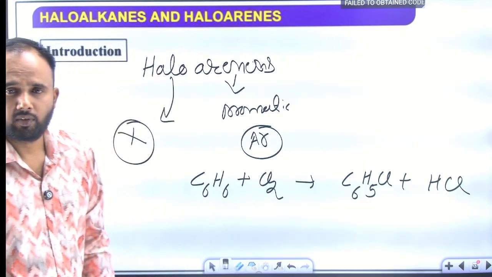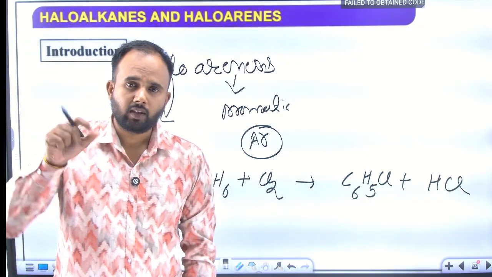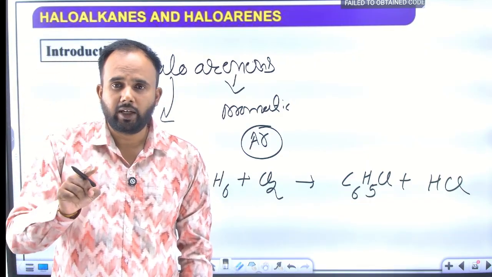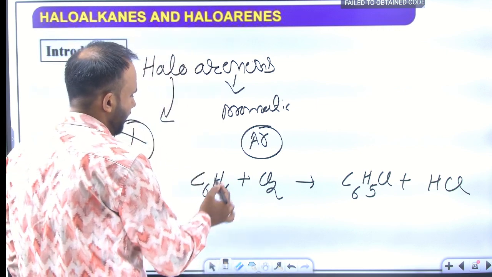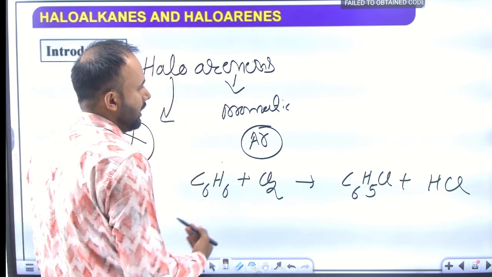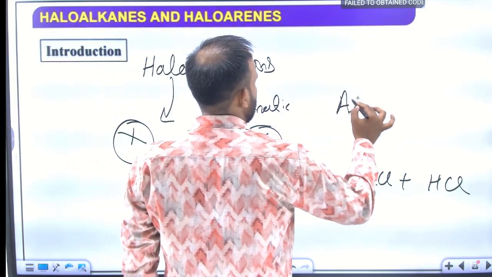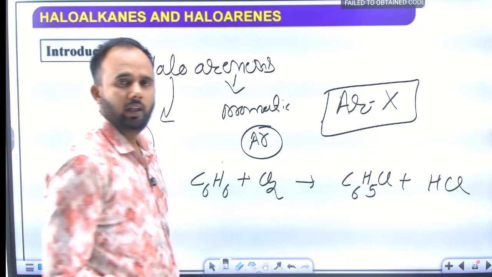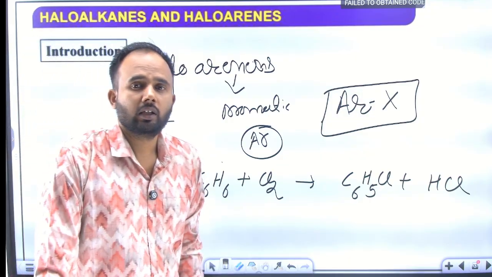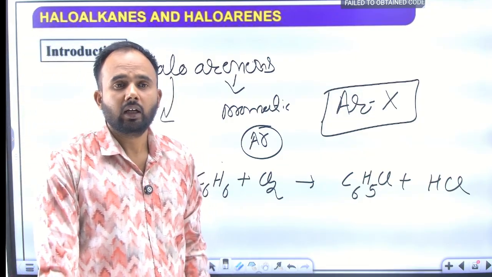In the same way, one hydrogen is replaced by a halogen. So in generalization we can write it like this: ArX, it is haloarene or aryl halide.